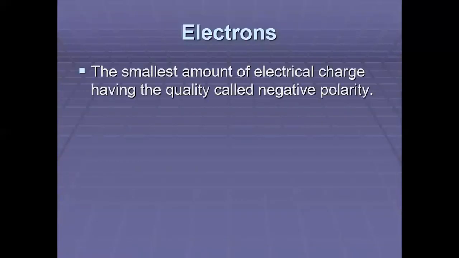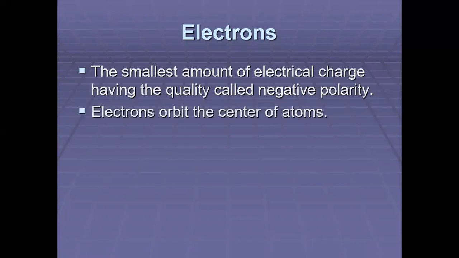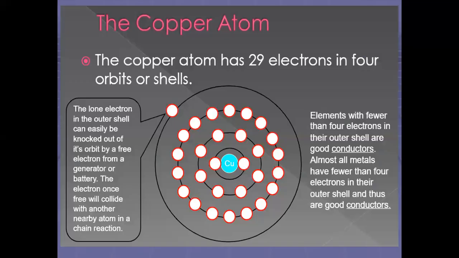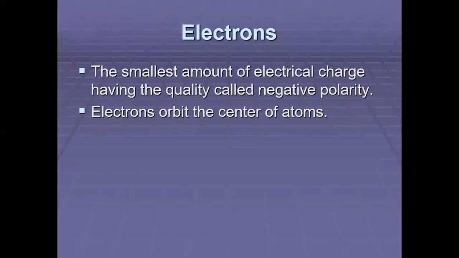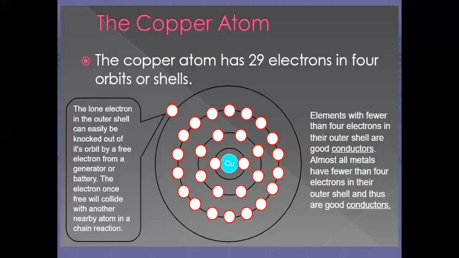So let us see the electron, the smallest amount of electrical charge, negative, orbiting the center of the atom. Here we can see an atom of copper. There are 29 protons in the nucleus and 29 electrons orbiting around the nucleus.